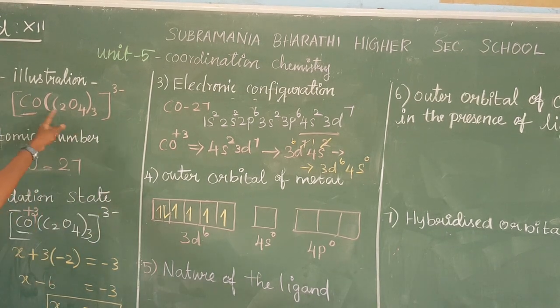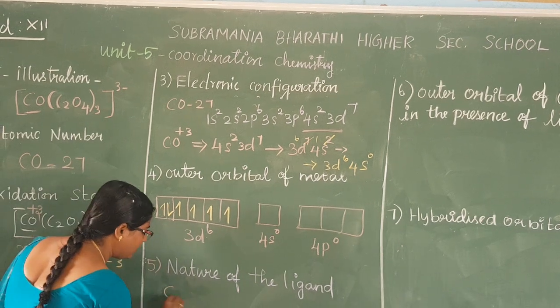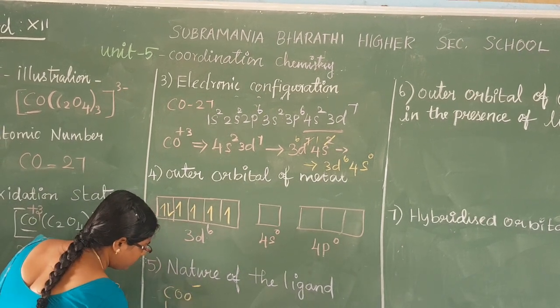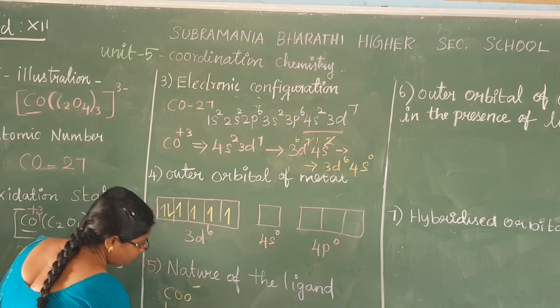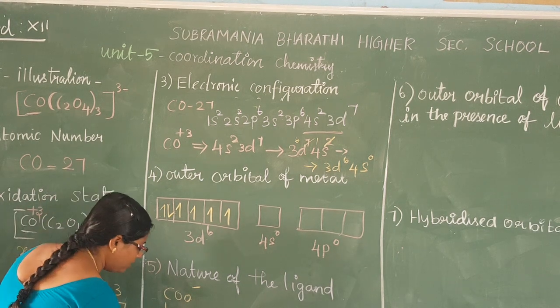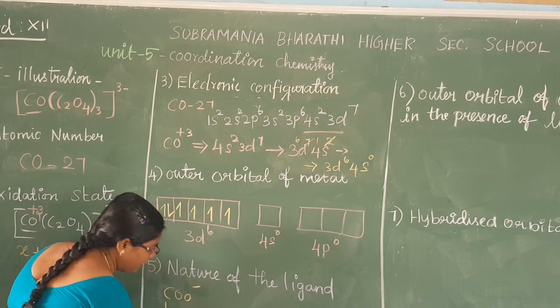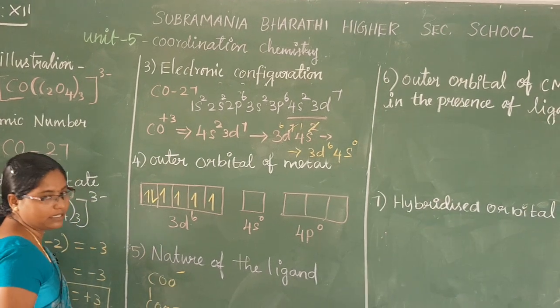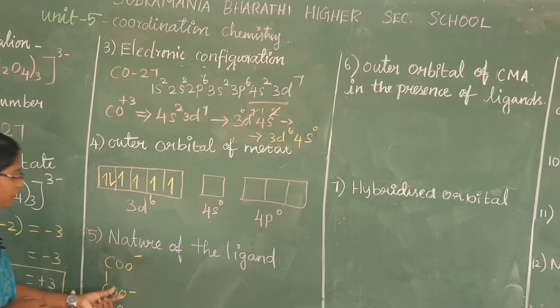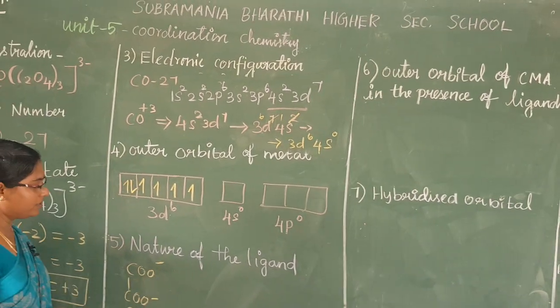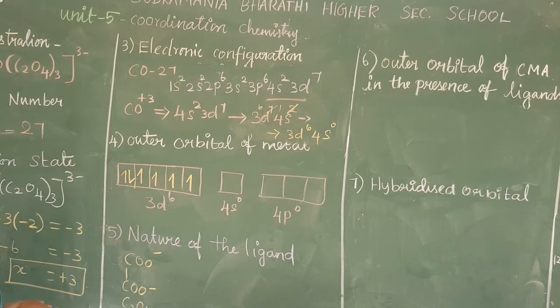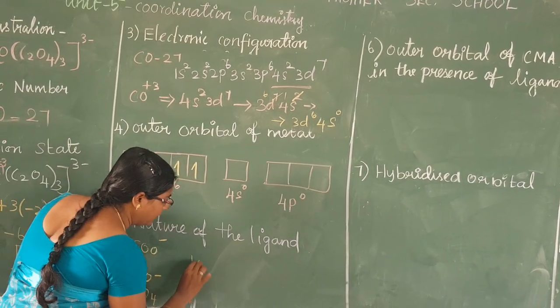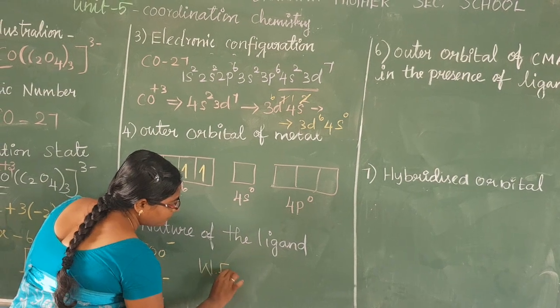Our ligand is C2O4, which is nothing but oxalate, 2 minus. It is having 2 donor atoms. Oxygen is the donor atom here. So this comes under weak field ligand.